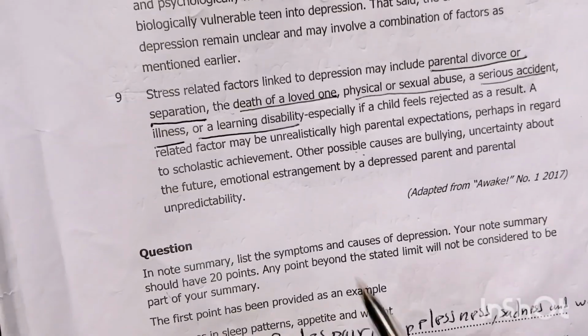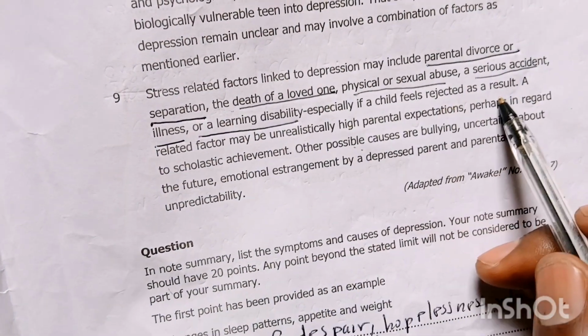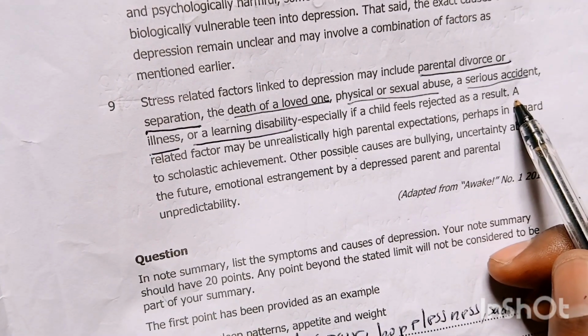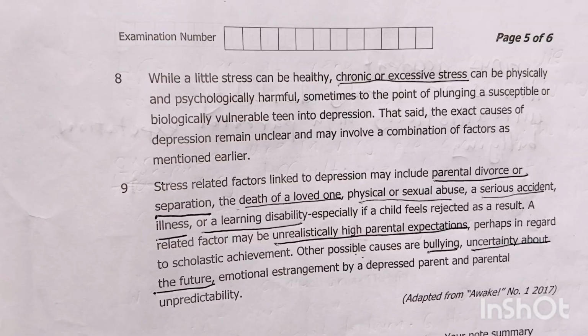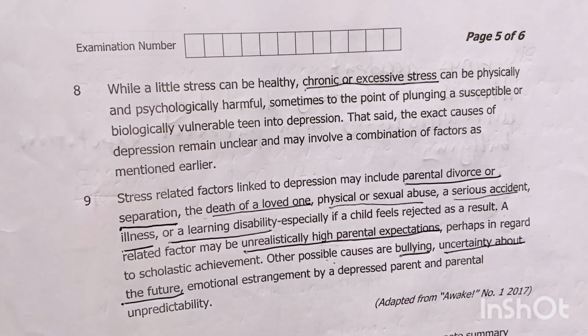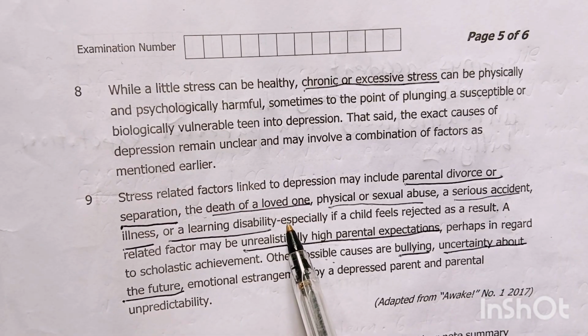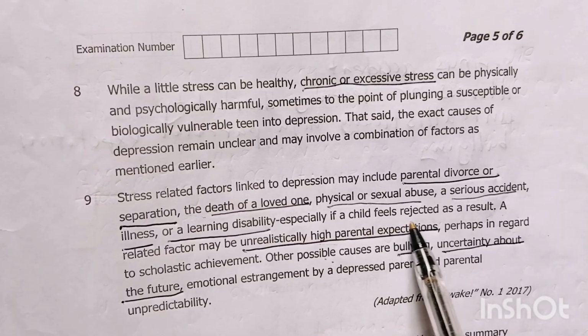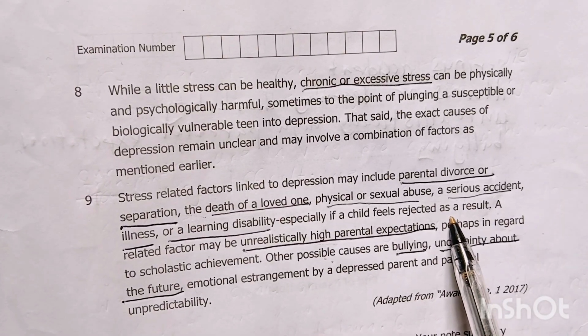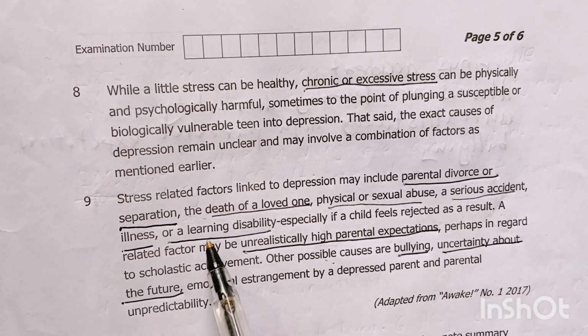So we'll continue where we ended. We say a related factor. So guys, we have talked about illness or learning disability if a child feels rejected as a result. So we have just gotten illness or learning disability.